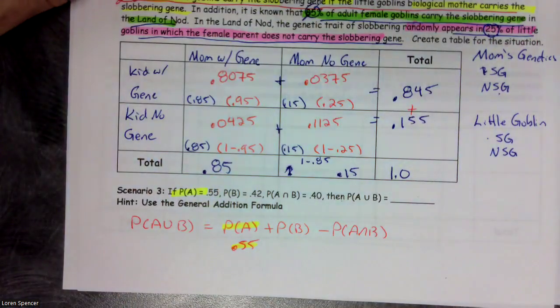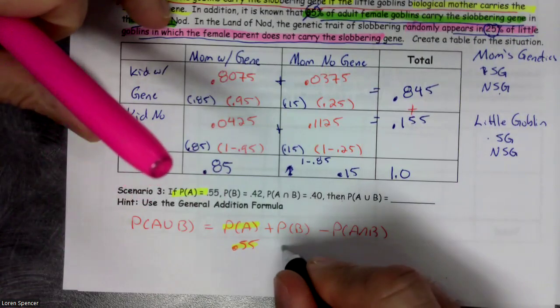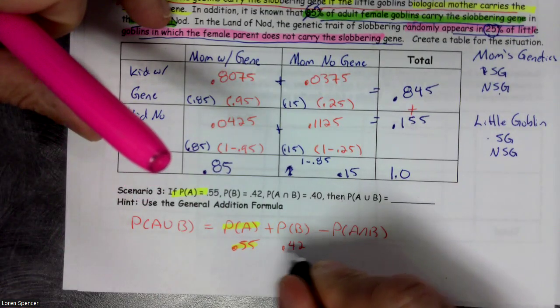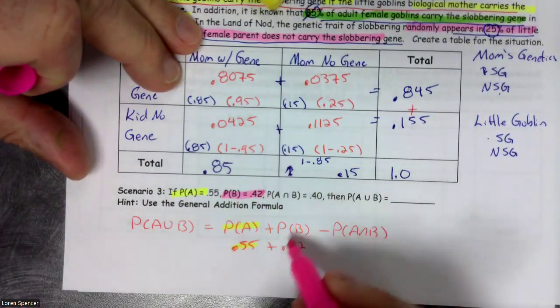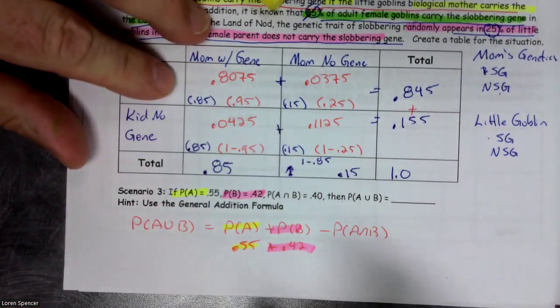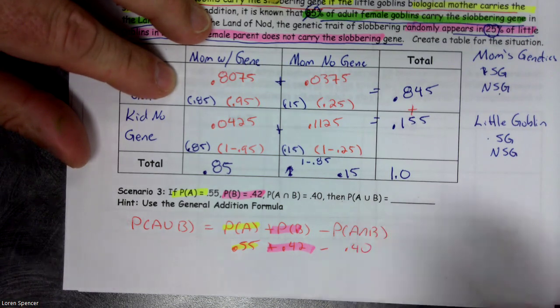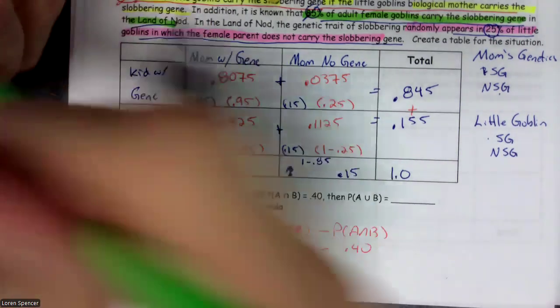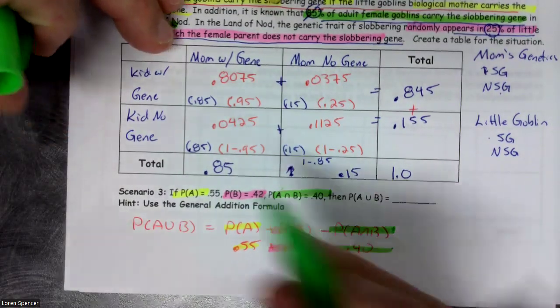They tell us the probability of B is 0.42. And they tell us the probability of the intersection is 0.40. So all I'm doing is just plugging in the values.